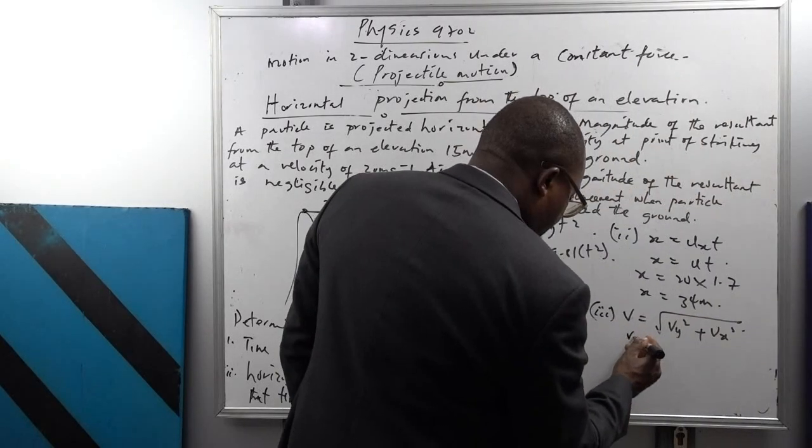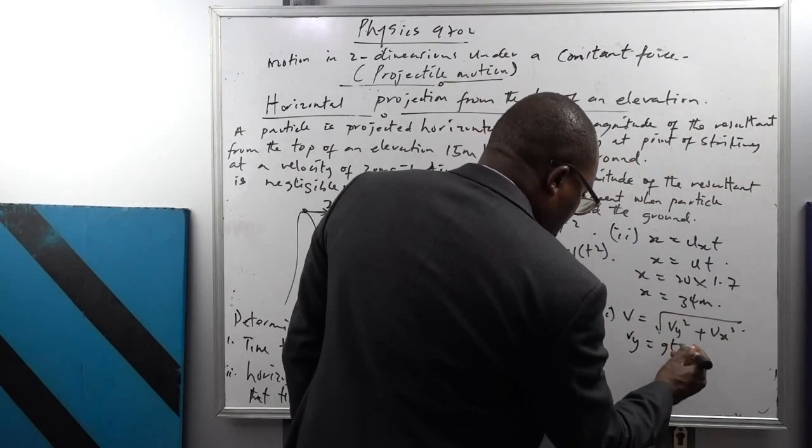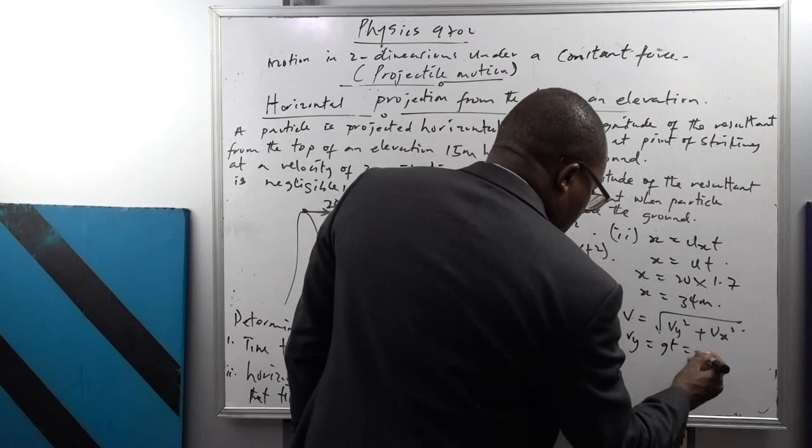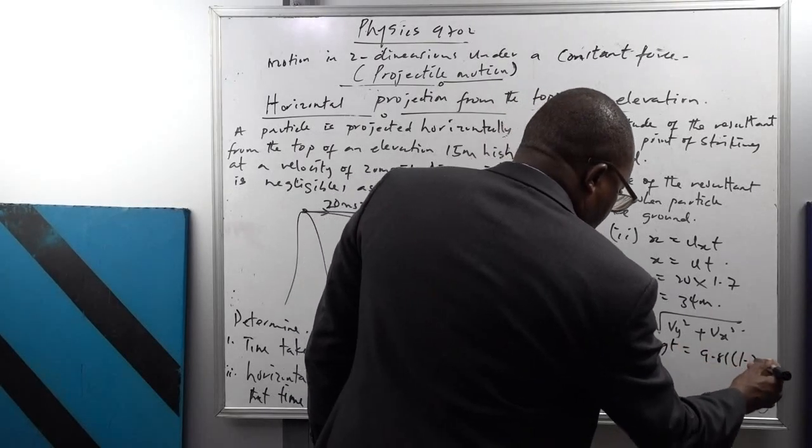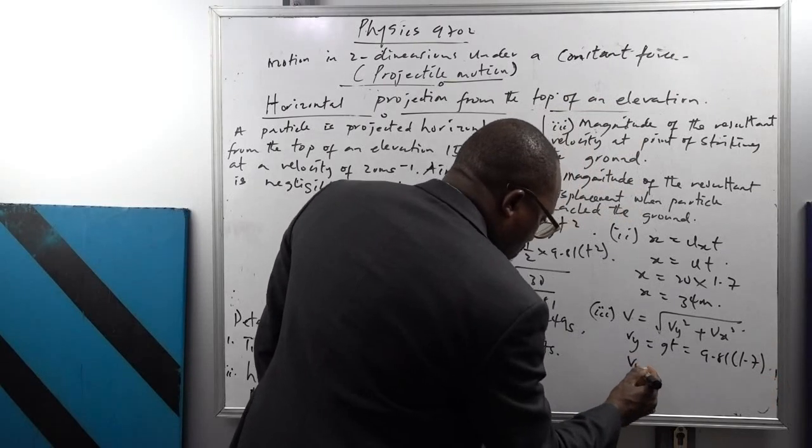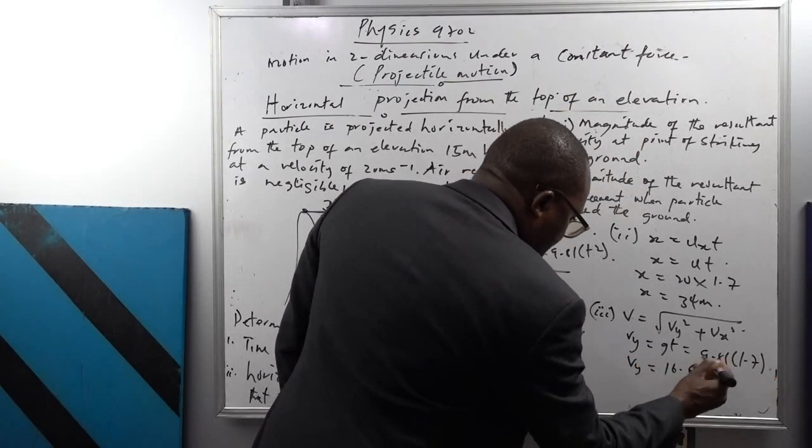So vy is equal to gt, which is basically 9.81 times 1.7, and this vy is equal to 16.68.